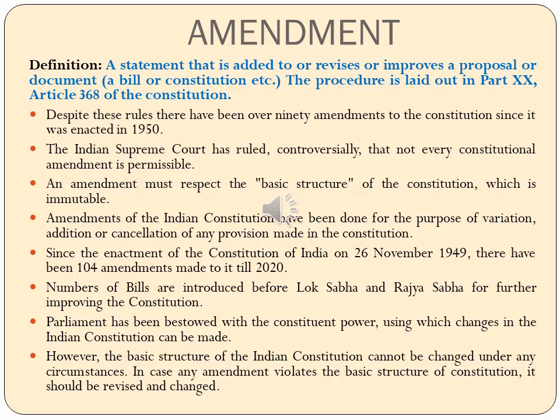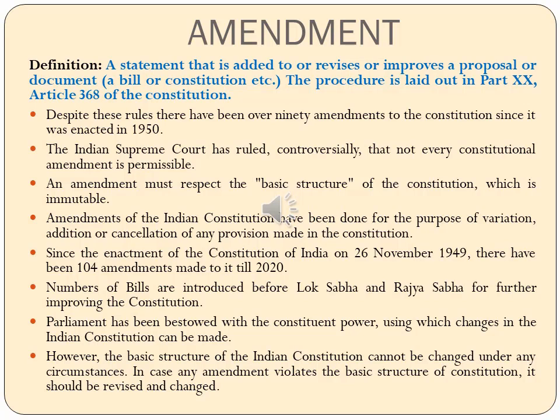In spite of all the rules and regulations, there have been over 90 amendments to our constitution. So our constitution is an evolving one, and it was enacted in the year 1950, and after its enactment in 1950 totally 90 amendments have happened.